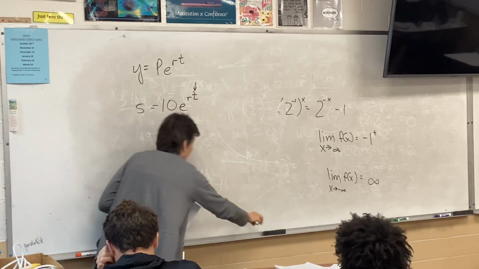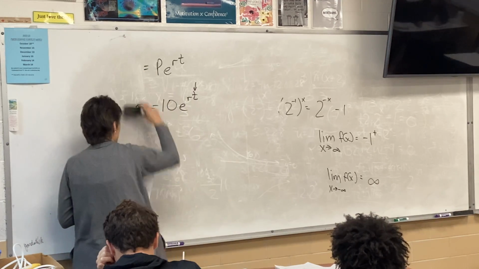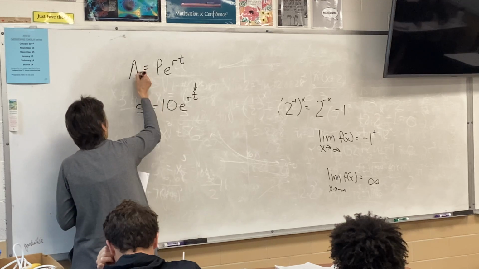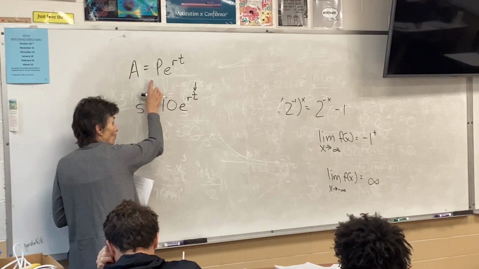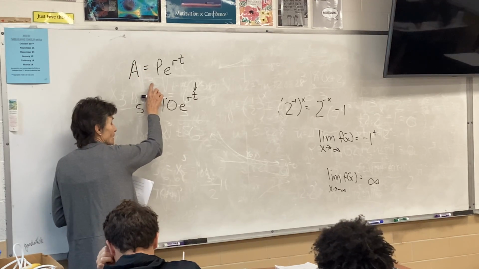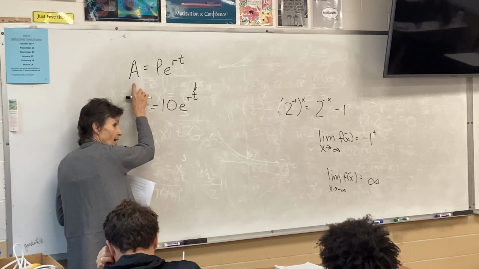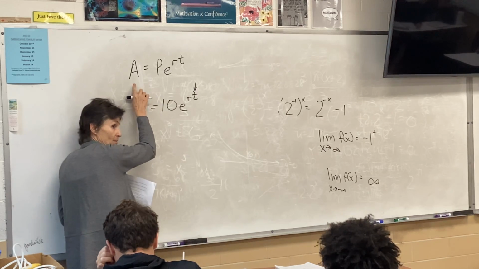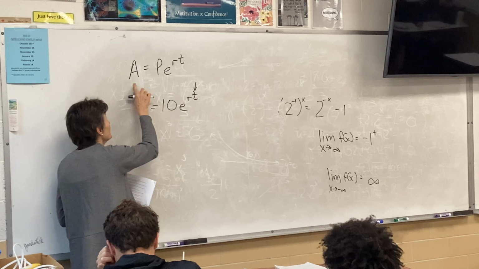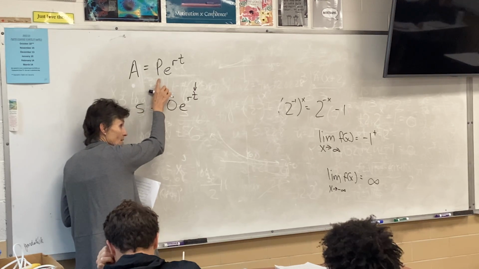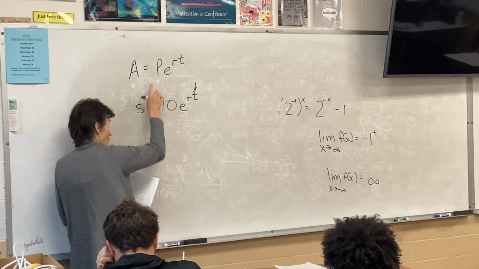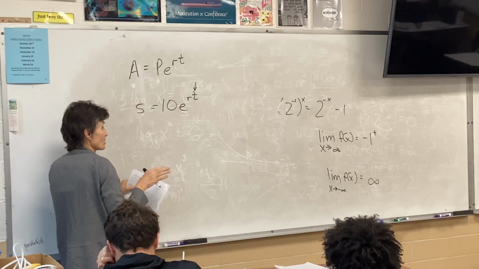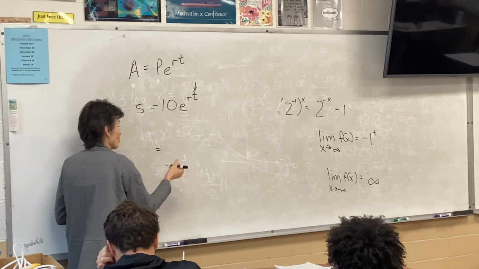Oh, I think before I had an A there, not a Y. Doesn't matter. But what do these two stand for in this formula? A is the amount that I end with, and P is the amount that I initially start with. So, I have no idea how much I'm starting with, but I'm gonna start with 3.